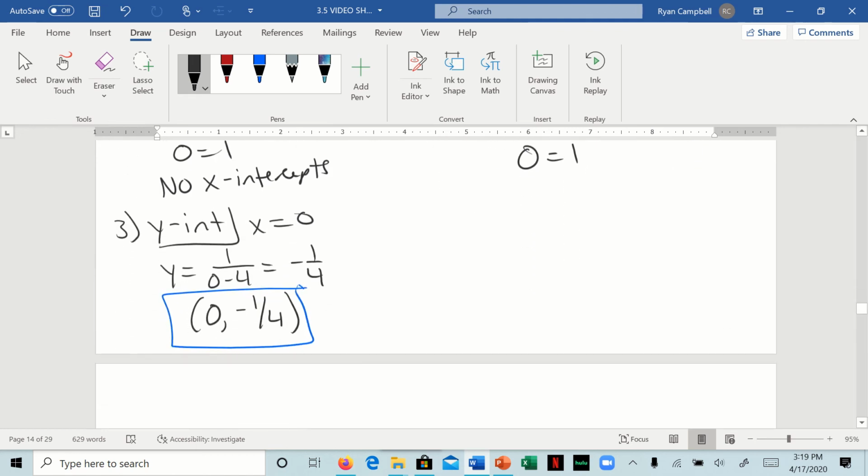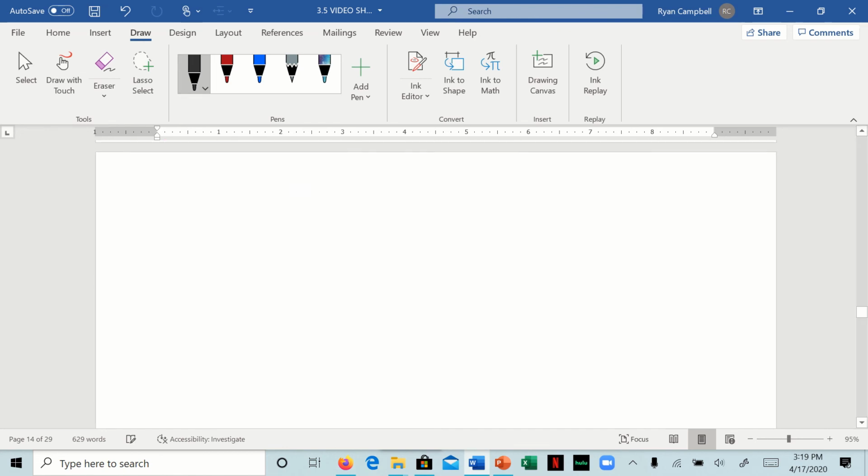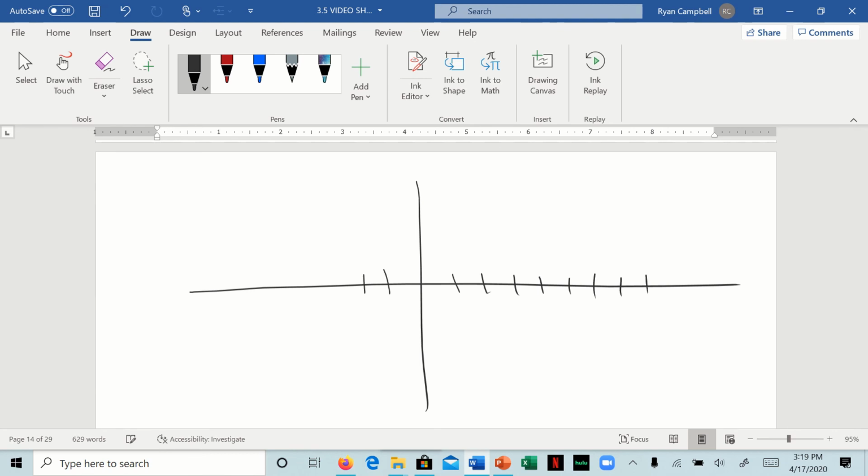All right, and then part 6 is to sketch it. Okay, so we said that we had a vertical asymptote at x equals 4.